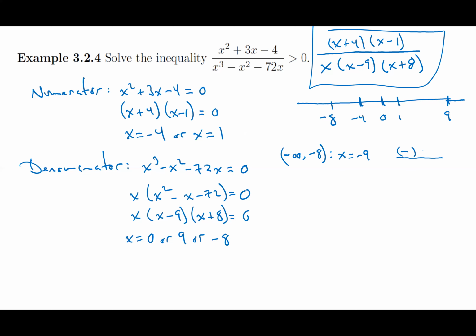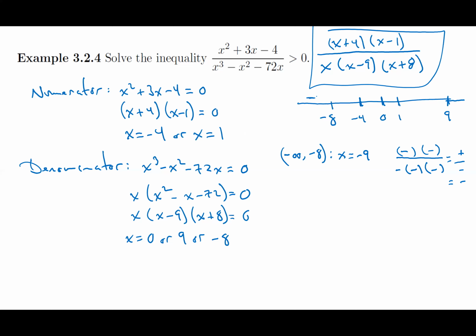Negative 9 minus 1 is negative. And then in my denominator, I've got x, which is negative. x minus 9, well, negative 9 minus 9, that will be negative. And negative 9 plus 8 will be negative. Again, I only care about the signs. And so if I simplify this, well, positive, and then my denominator will be negative. So this is negative. So I'm going to write a negative right there.